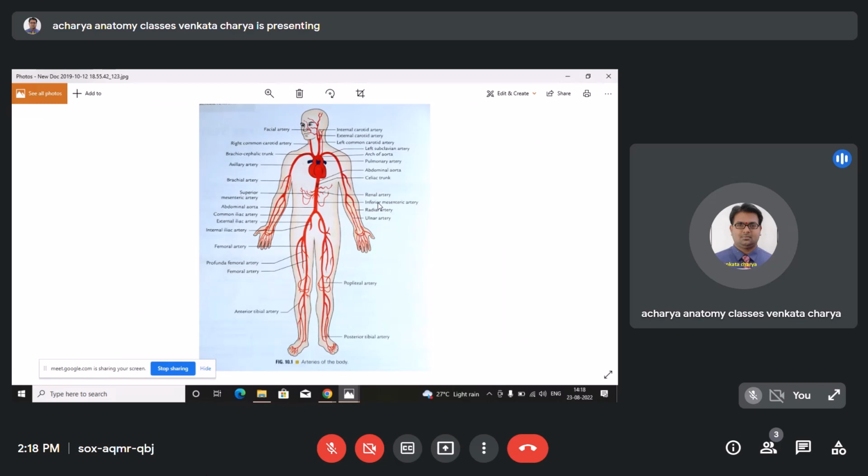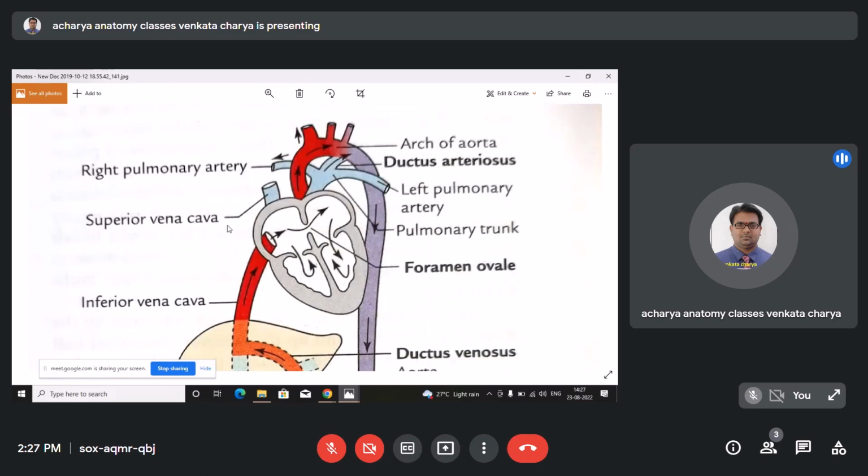The two vessels on each side we call pulmonary veins: right side two pulmonary veins and left side two pulmonary veins. Totally there are four pulmonary veins, and these four pulmonary veins open into the left atrium. Are you getting?